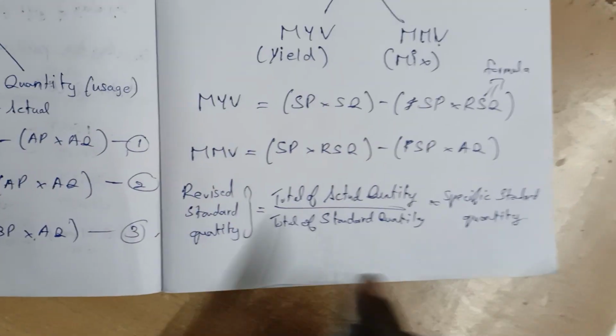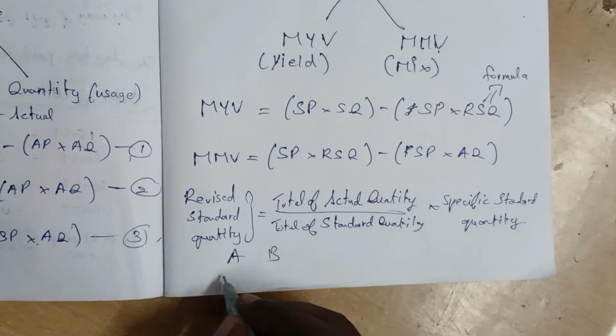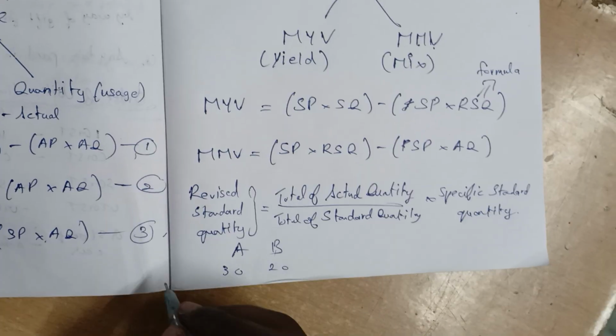For example, total of standard quantity means A is here, B is here. A has 30, B has 20. This is your standard.